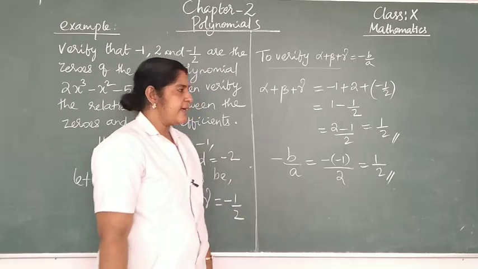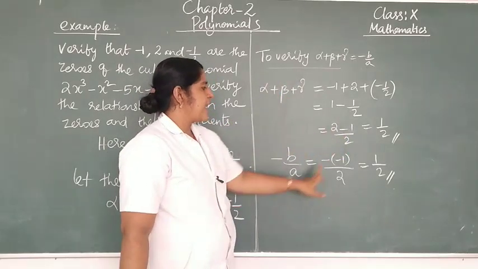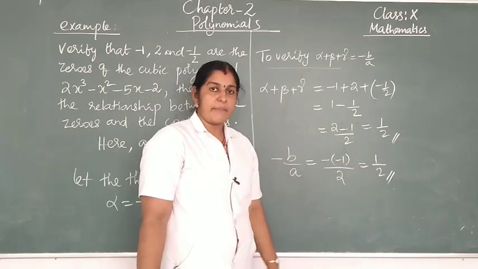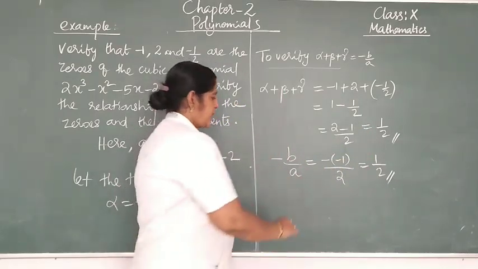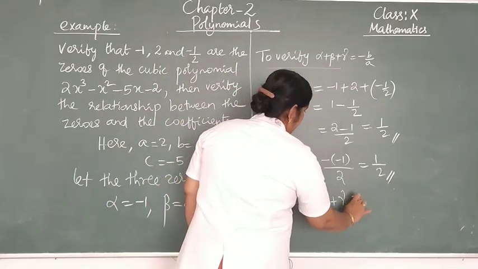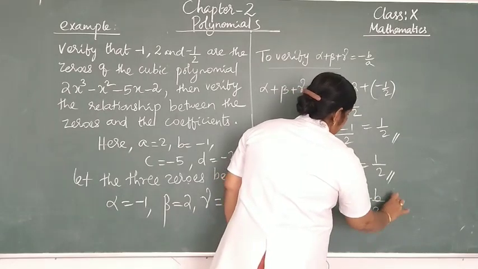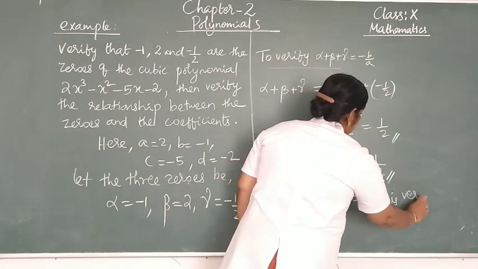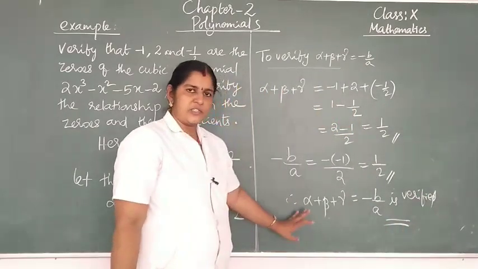What you can see here? The sum of the zeros value and -b/a also, both of them we got 1/2. That means this relation is verified. So therefore alpha plus beta plus gamma equal to -b/a, this relation is verified. So our first relation is verified.